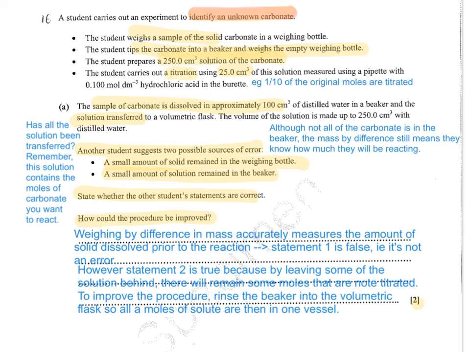The problem with that is that you'll leave some of the solution behind and there will be still some moles of solute, your carbonate, that are not titrated. So in order to make it better, you need to rinse the beaker into the volumetric flask so all the moles of solute are then in one vessel. So the solute is obviously your carbonate. So let's now go to the second part of that question.